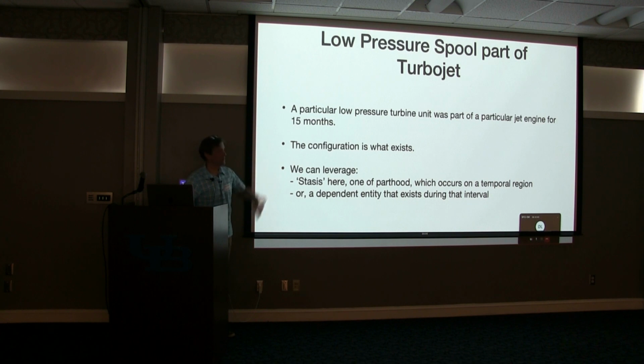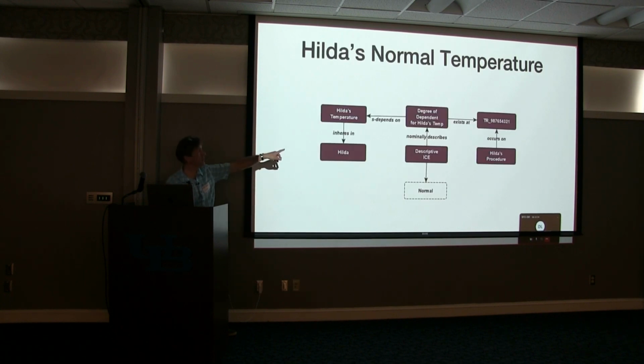What exists is the configuration, the parthood configuration. So we can leverage stasis, right? It's a stasis of parthood, and it occurs at a temporal region. Or we can come up with another dependent entity that exists during that interval, and then we're back to the first use case, where you're just saying that the dependent entity exists. Because that dependent entity, if it exists, it's the same type.